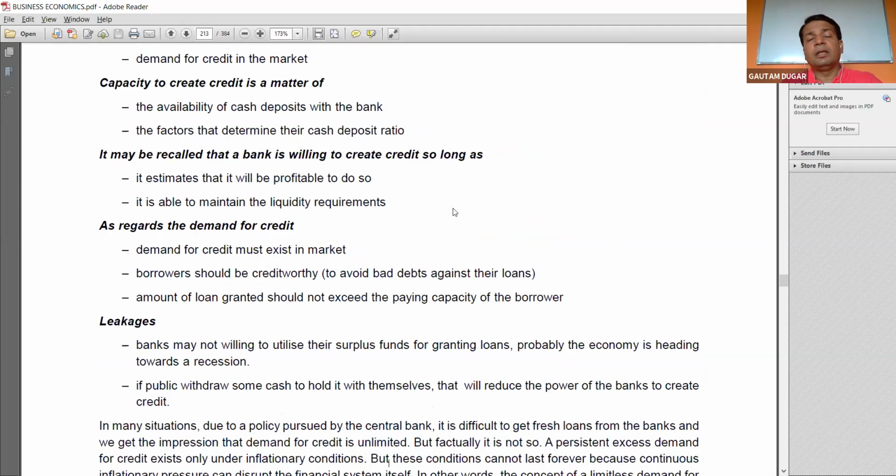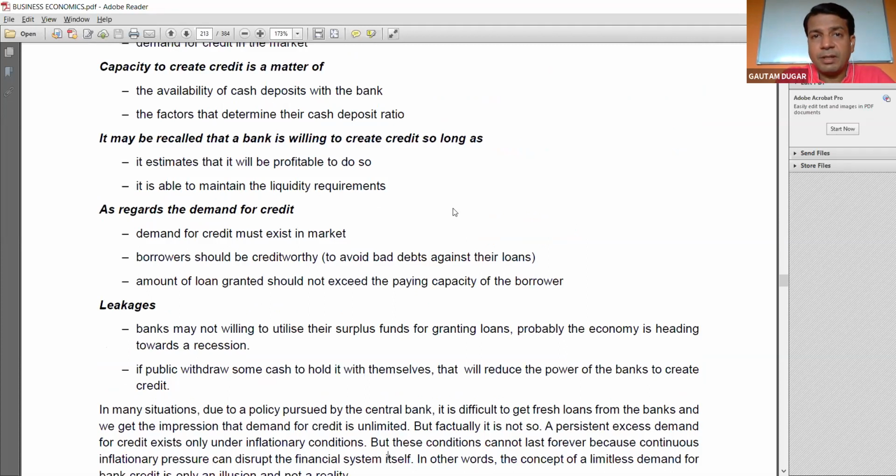One important limitation again was leakages. What are leakages? Suppose in our example, Bank A had given away a loan of 900, and we assume that amount of 900 is withdrawn by the borrower by way of a check, and that is deposited in Bank B. Bank B gives away a loan of 810, deducting 10%, and the borrower of that loan issues a check again to a third person.